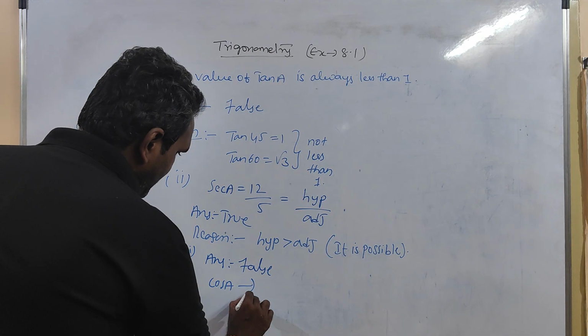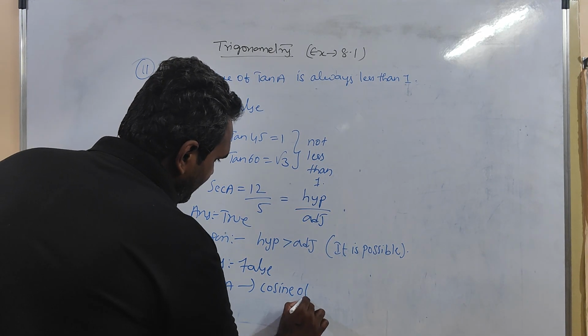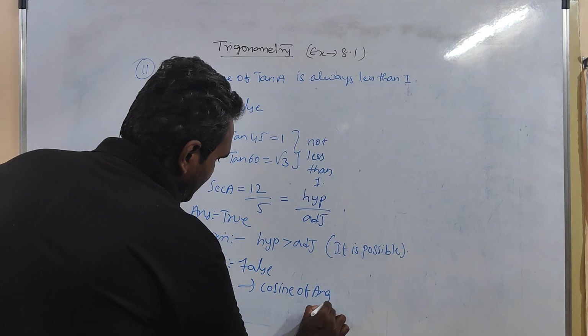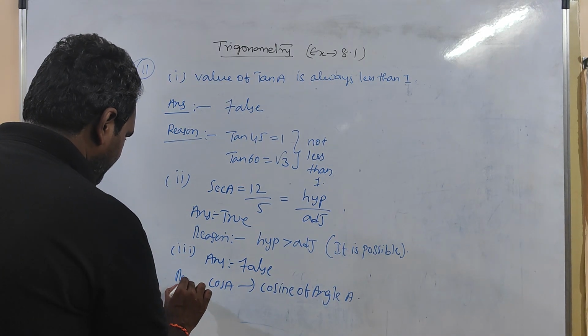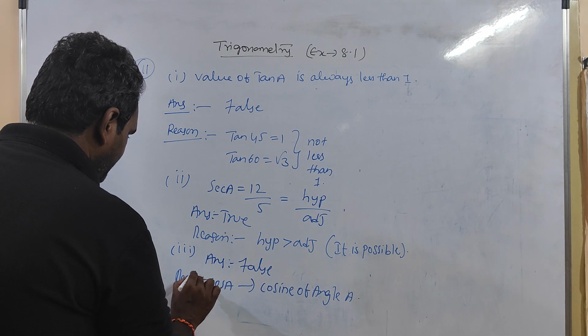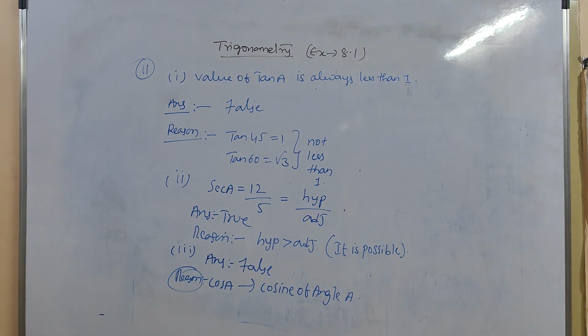Reason: cos A is called cosine of angle A. It is not called as cosecant or cotangent or whatever it may be.